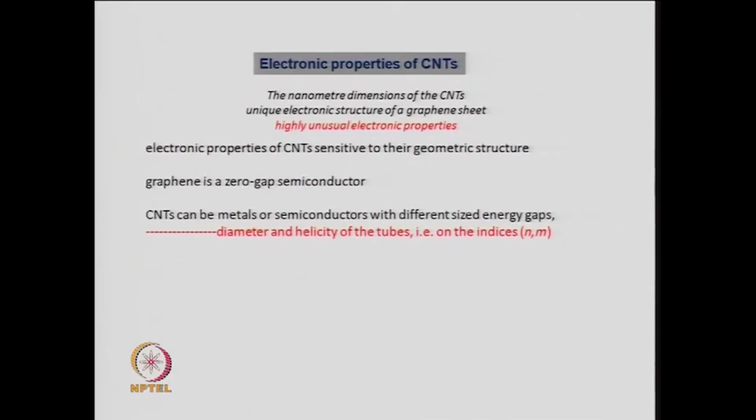Now, coming again back to electronic properties, which we said that they are very good conductors. The reason is that it has nanometer dimensions. The carbon nanotubes have diameters in the nanometer regime, and because they are made up of a rolled graphene sheet, and graphene itself has very unusual properties.